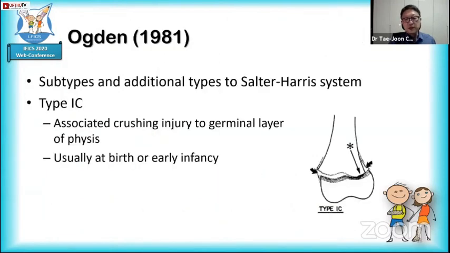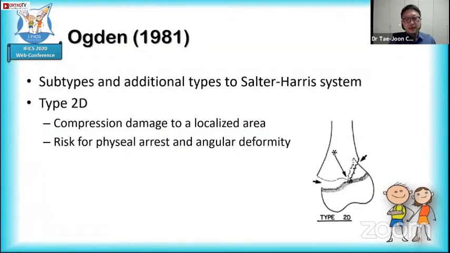Dr. Ogden from Yale University presented further subtypes and additional types to the Salter-Harris system. For example, he subclassified cases in which the metaphyseal beak crushes the growing chondrocytes as type 1C and 2D. However, they are theoretical subtypes and usually difficult to detect by initial radiograph.